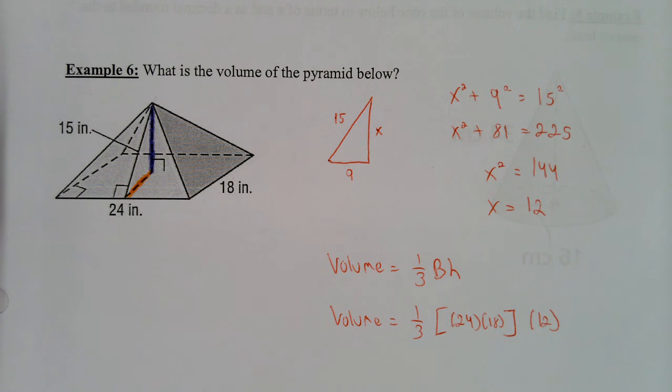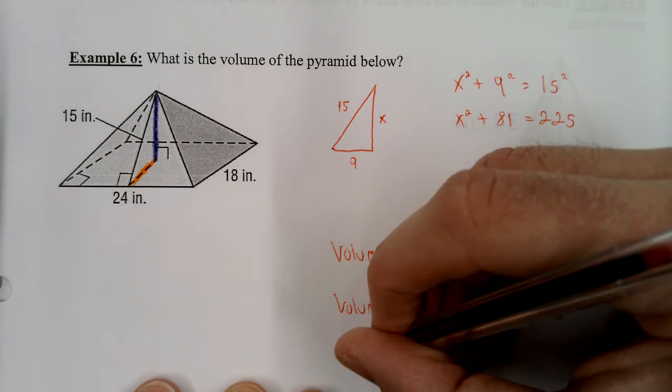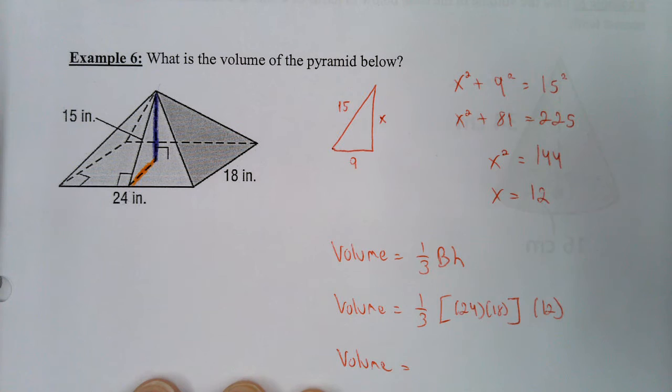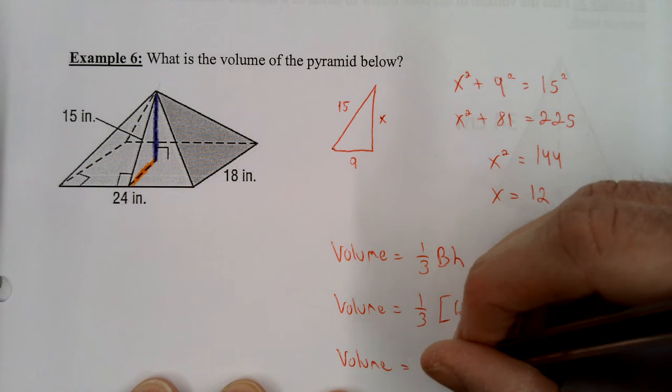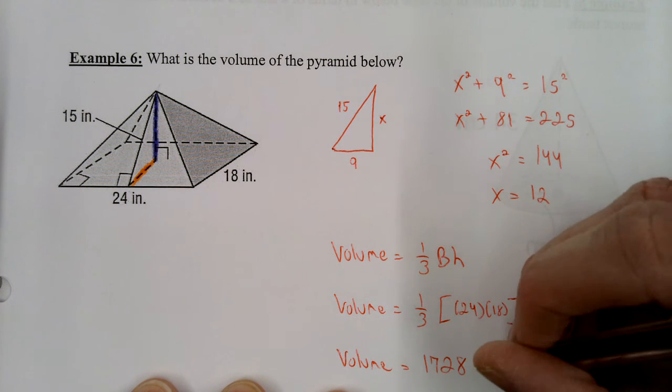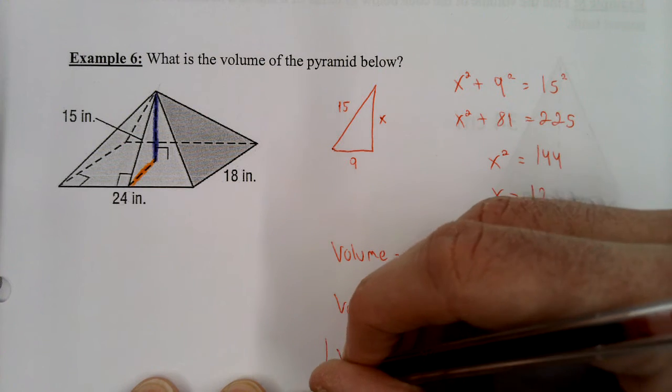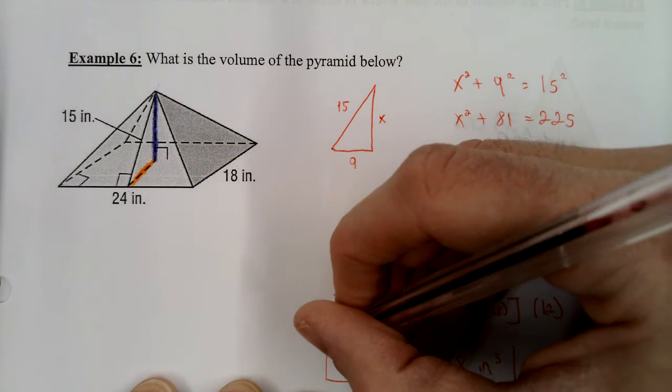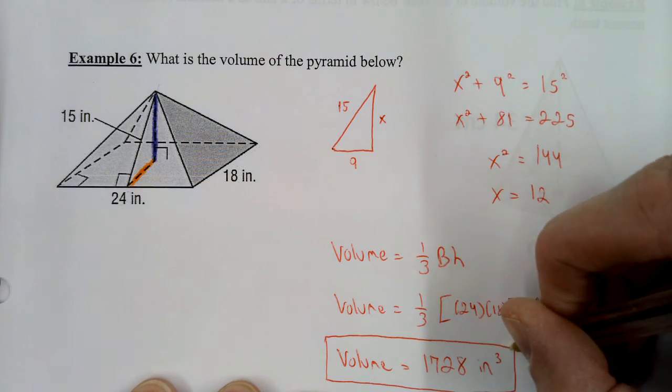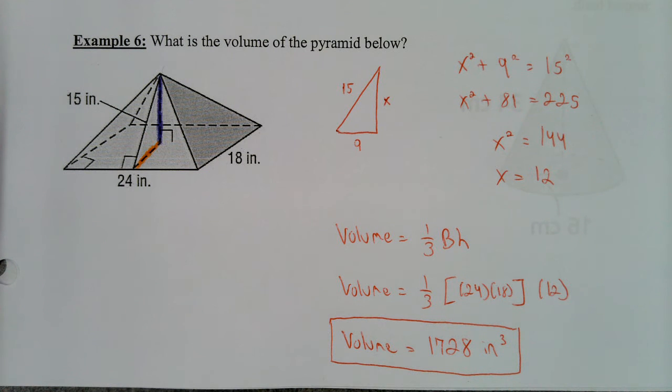Now you can do out the math: 24 times 18 times 12 divided by 3. That's a big number. 1,728 inches cubed. That one was tough because you had to actually find the height yourself using the Pythagorean theorem.